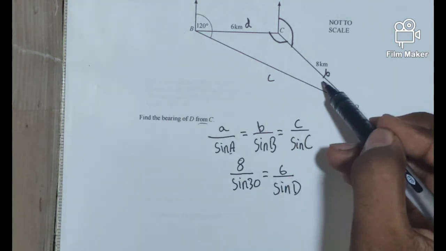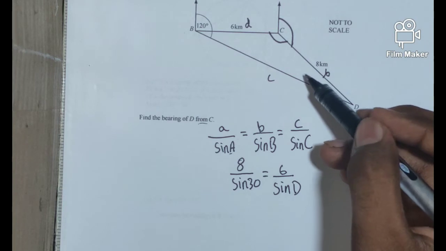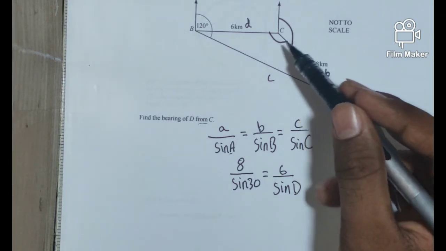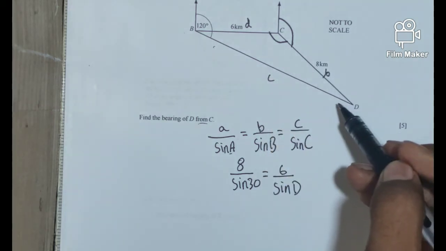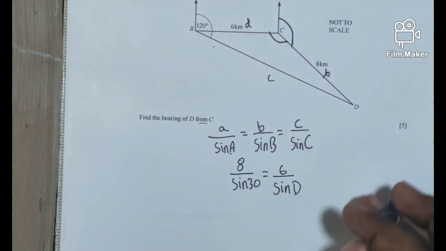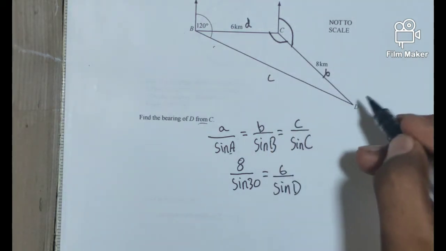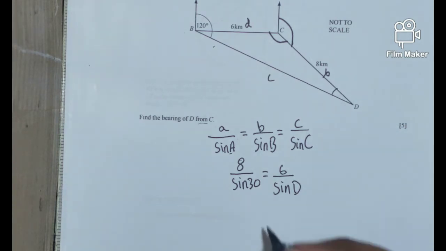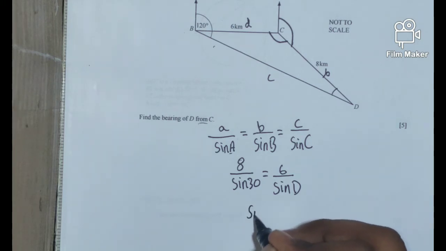If we find this angle, then it is also easy to find this angle, as these three angles sum up to 180 degrees. So first let us find this angle. Here we'll cross multiply it.